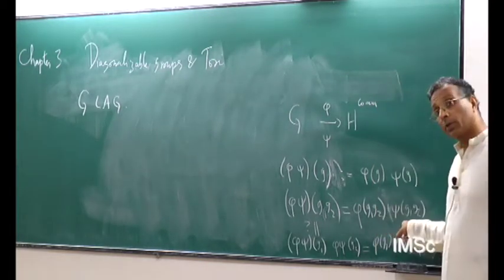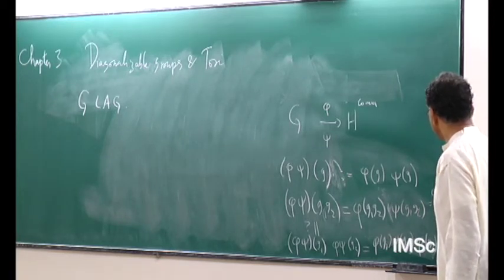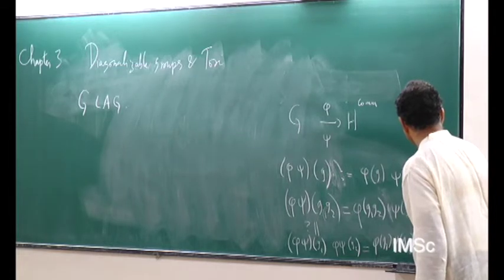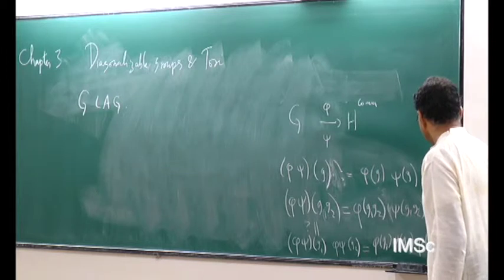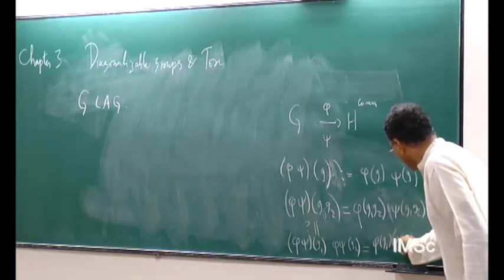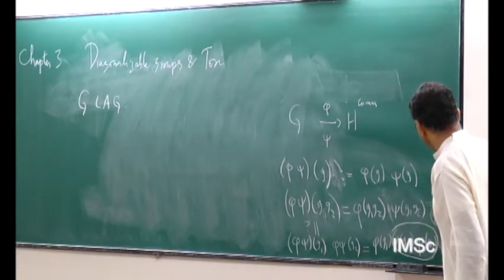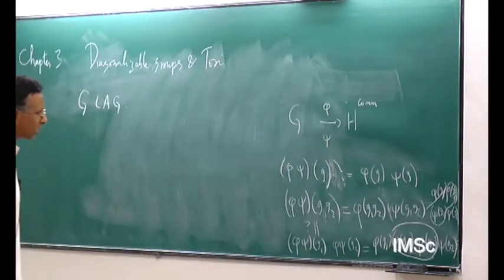But these are homomorphisms, so I can expand that out: phi g1 phi g2 psi g1 psi g2, but all this is happening inside H, which is commutative. So I can swap these two and rewrite it, and indeed it is commutative.